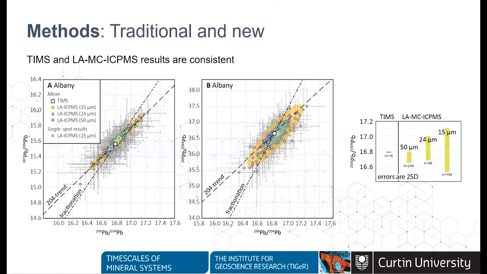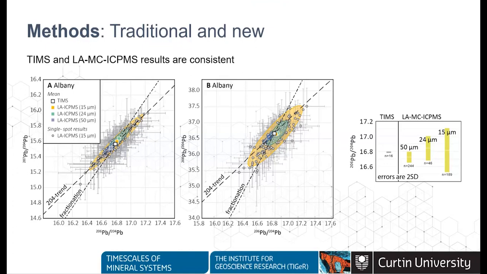All of these analyses were undertaken here at Curtin. So as you can see, we have our TIMS results here as the white squares, and then the means of the laser results at different spot sizes as the colorful squares, and the ellipses are 95% confidence intervals. As you can see, they all agree very well.